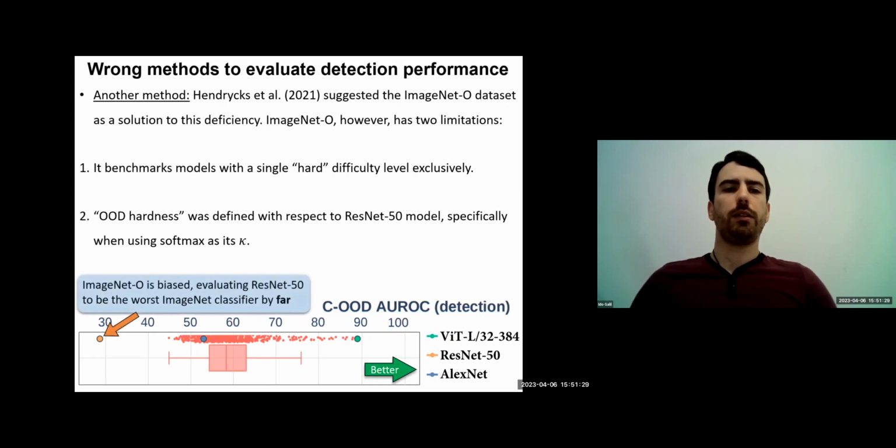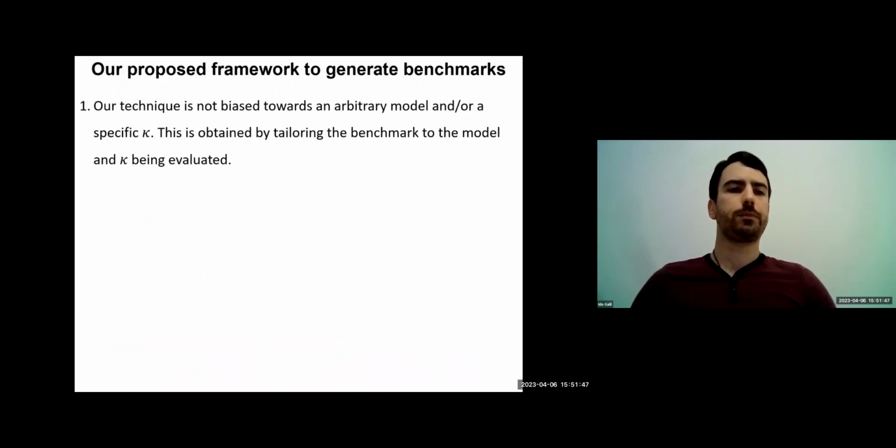As indicated by the orange arrow, ResNet-50, represented by an orange marker, has the worst performance by far, with a significant gap between its performance and that of the second worst model. This clearly demonstrates the bias of ImageNet-O.